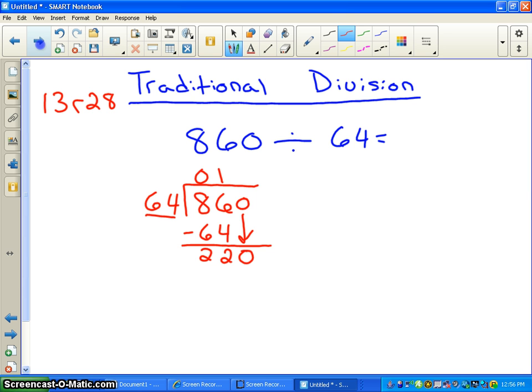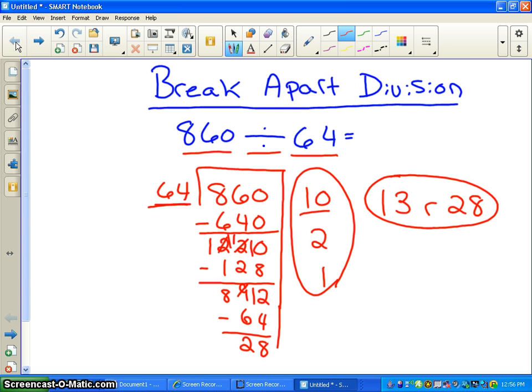Now, at this point, I have to ask myself, how many times does 64 go into 220? Well, I don't really know that. At this point, you might say, well, you know what? This way's kind of hard. Maybe the break apart division was a little easier for me on this particular problem.